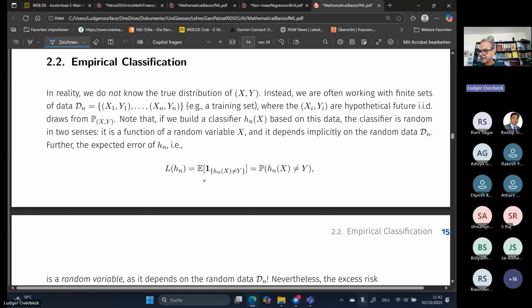This is the misclassification. We build h_n based on this data, and then we assume again the true distribution, which we don't know. Now you have kind of two randomnesses, or two uncertainties. First, you build a classifier from your data, so this is still a function of your data.